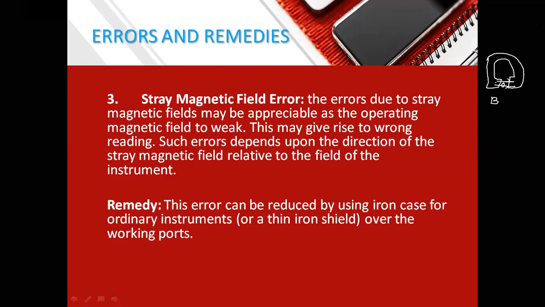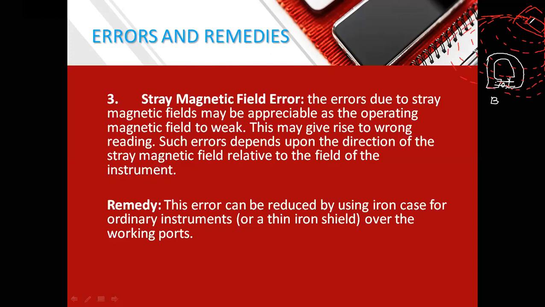So say we have some other magnetic field here, and say here we have some strong magnet, because say this is some machine, and it produces a very strong magnetic field. So there will be magnetic lines of force, of course, weakening as the distance is more, but it is very strong. So even this field can affect our PMMC.